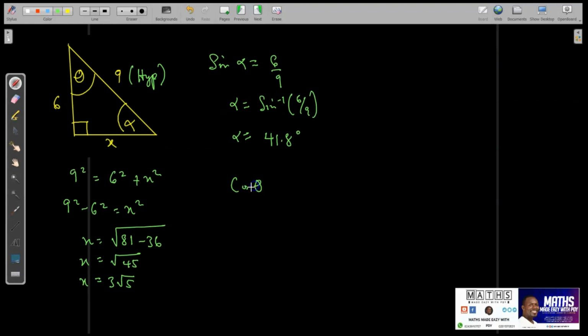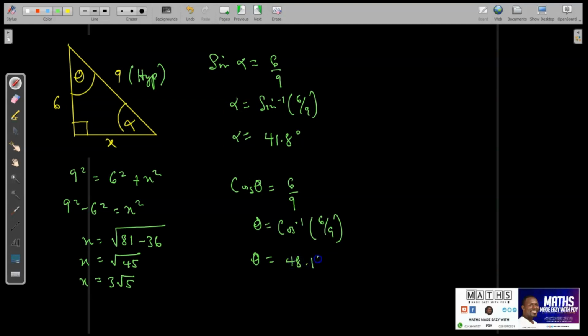Cos of theta will be equal to the adjacent side over the hypotenuse, which is 6 on 9. So theta will be equal to cos inverse of 6 on 9. And theta value will be what? Please, from your calculator. 48.1 degrees.